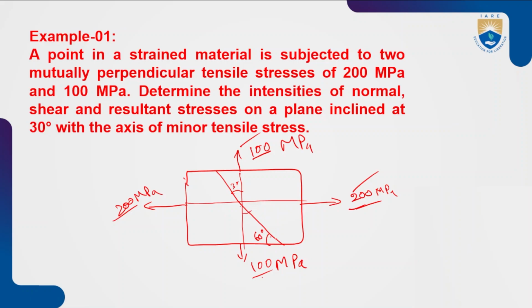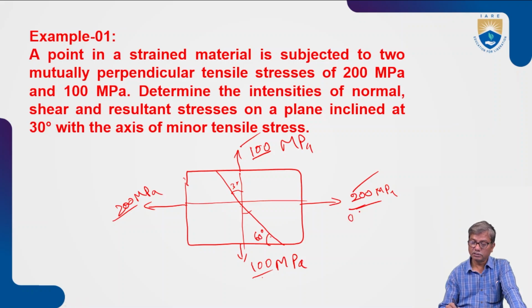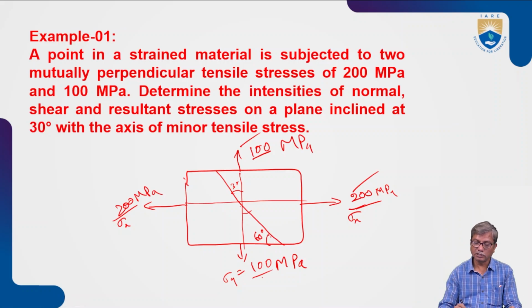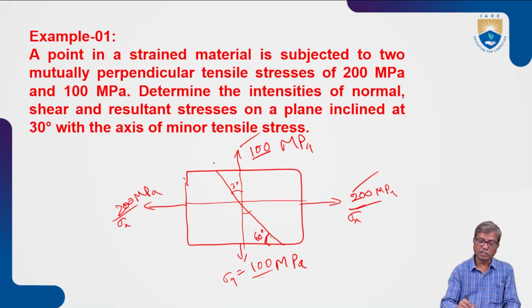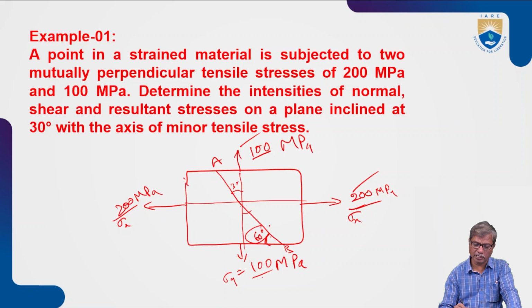With major principal stress, the angle is 60. So we are assuming this as sigma x and this is sigma y, say. And we have derived the formula taking the angle theta of inclined plane with sigma x direction.